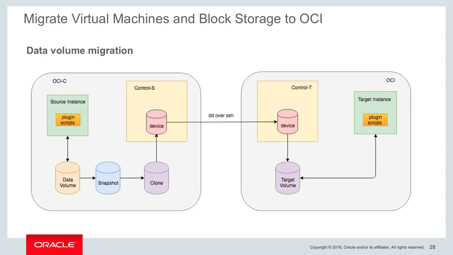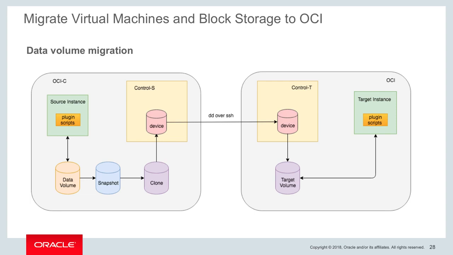In the case of storage volumes or data volumes that are attached to the source instances in OCI Classic, the data volumes are first snapshotted and then a clone of that volume is attached to the Control S instance, and the Control S instance executes the dd command over SSH to do a bit by bit copy of the data to a volume which is attached to the Control T server.